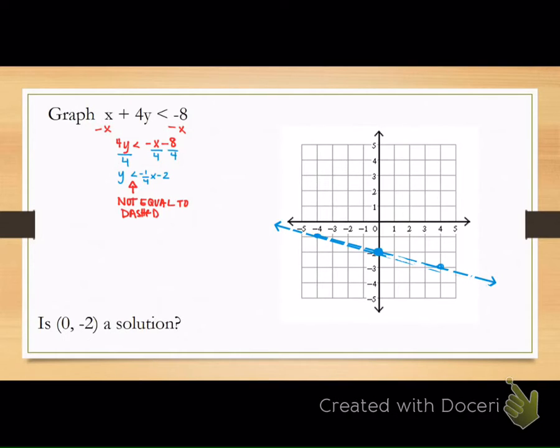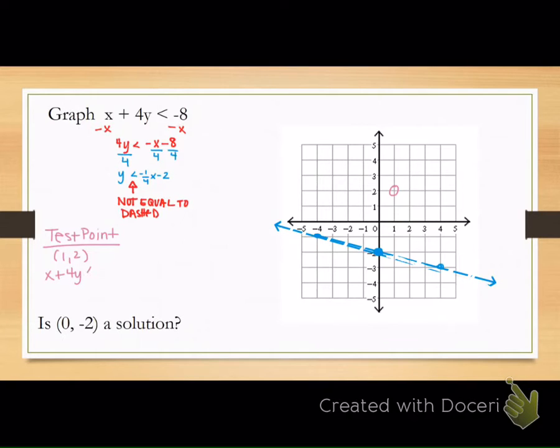Do we understand why this line is dashed? Yes. Are we sure? Okay. So now we're going to choose a test point. It doesn't matter where that test point is. You just have to choose one. So, Lexi, what do you want my test point to be this time? (1, 2). So I'm going to test the point (1, 2) in my original equation.